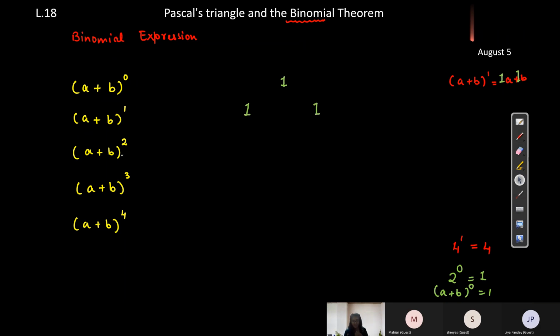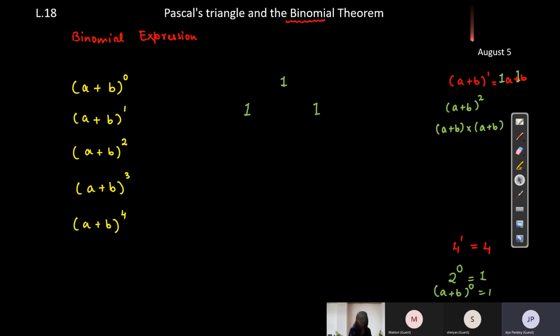Next, A plus B raised to exponent 2. Now this is interesting. A plus B raised to exponent 2 means that A plus B is multiplied by A plus B. This is actually a very famous identity, A plus B whole square. Does anyone know the answer to this one?